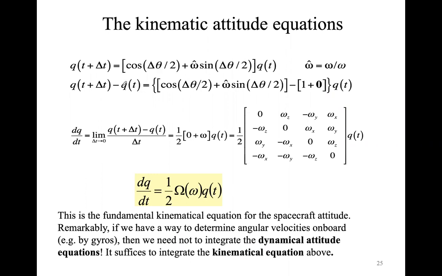As we said, this form here is a product of quaternions. So this operation is a difference between quaternions, and this is the multiplication of this quaternion by the quaternion at instant qt.